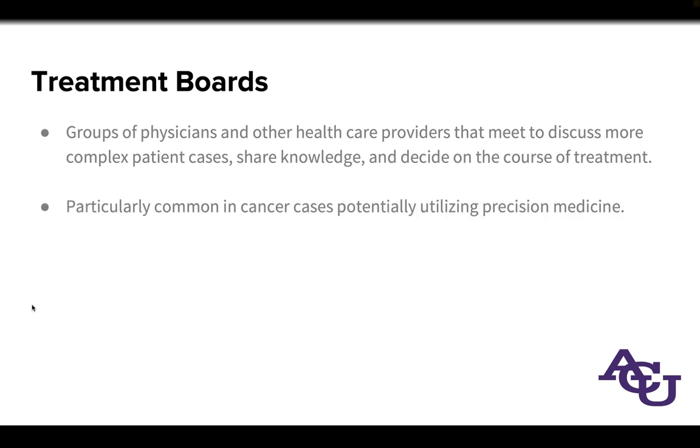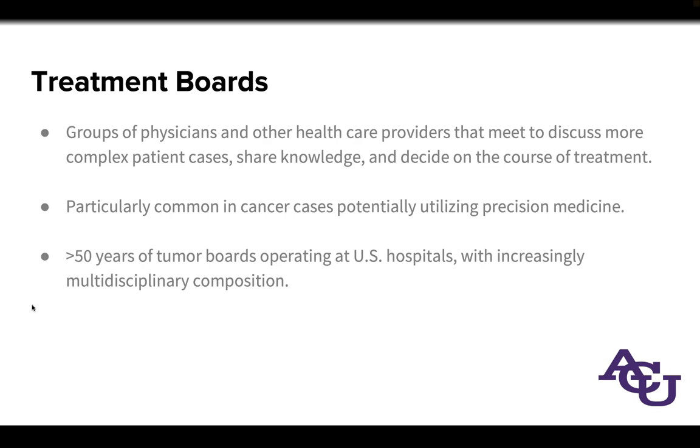Now, this is particularly common in cancer cases, and especially using precision medicine, which again is one of the most exciting things going on in healthcare now, because so much has changed in terms of accessibility, speed, cost, that makes things that even the President of the United States wouldn't have been able to get 10, 15, 20 years ago, are now common enough to get in a major city or at a university hospital.